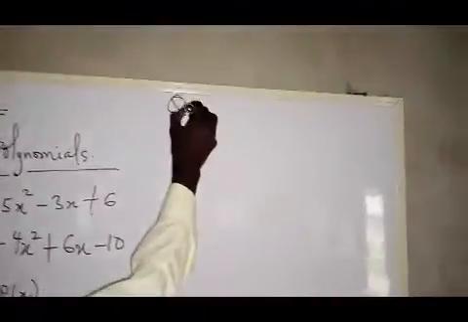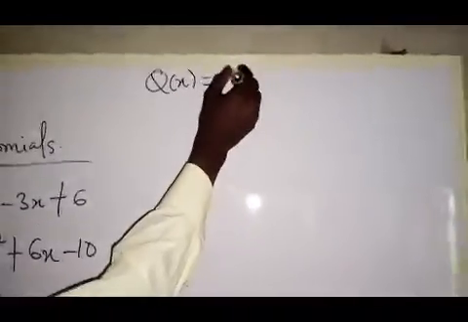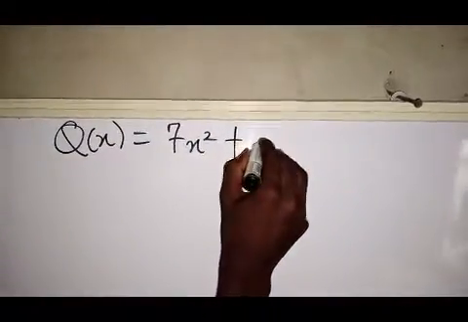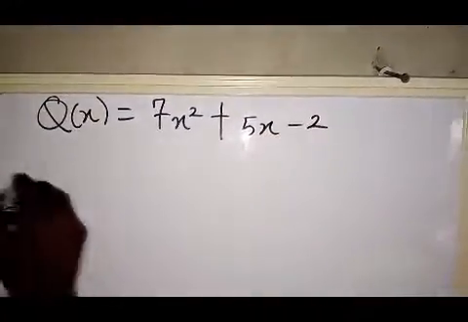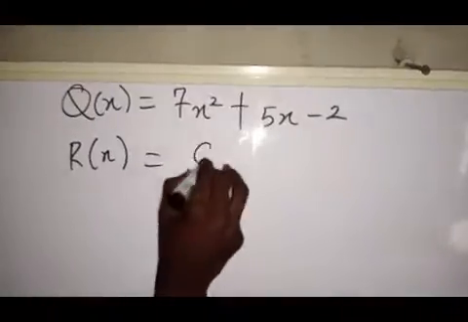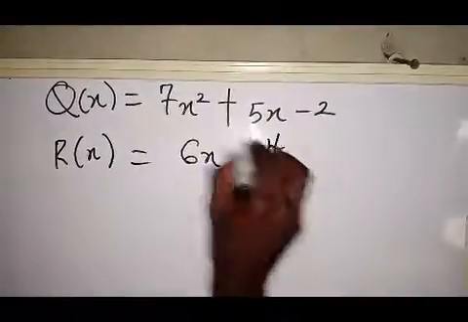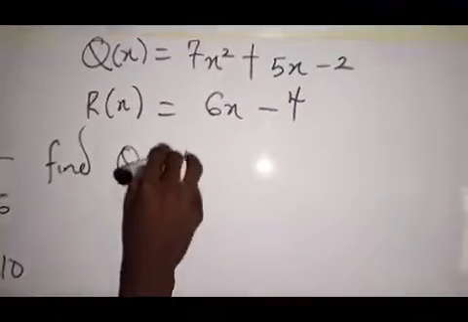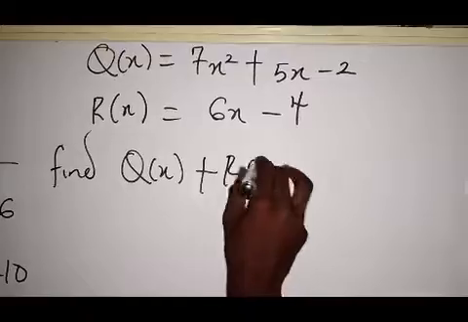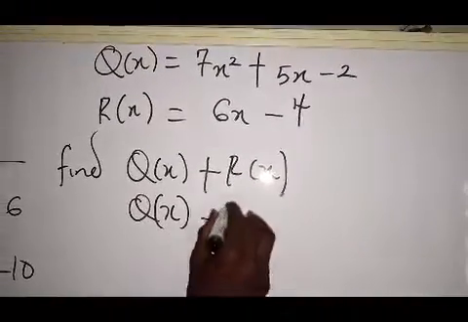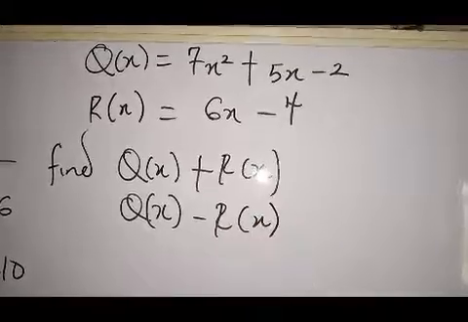Let's say we have q of x to be 7x squared plus 5x minus 2. And then we have r of x to be 6x minus 4. Now if I say find q of x plus r of x and q of x minus r of x, how will you do that?